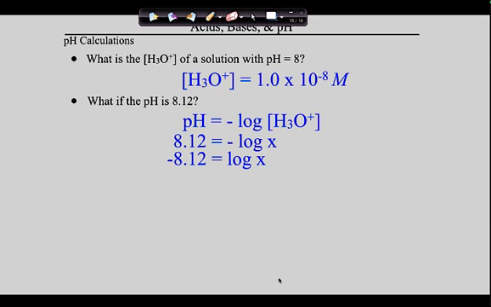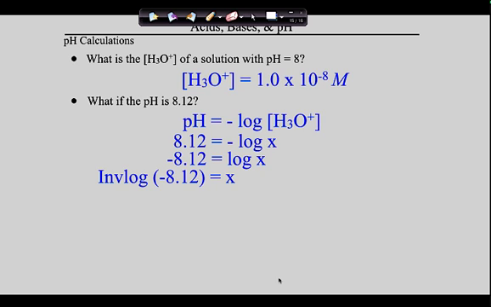Okay, so guys, we divided by -1, and that moved the -1 over. Now what do we do to isolate x? Divide by log. But in order to divide by log, you're actually taking the inverse log. That's the second log, which is the 10 to the x key. But guys, notice you're taking the inverse log of -8.12.